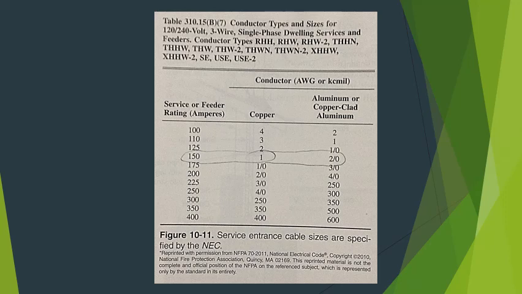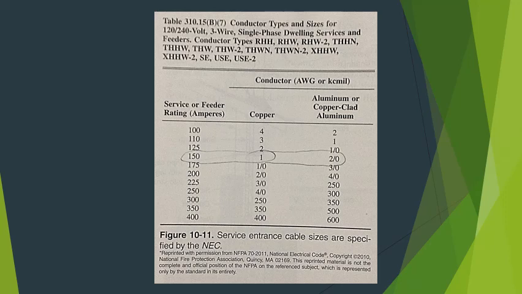Sizing service entrance conductors. In addition to proper types of service conductors, the right conductor size is essential. As mentioned earlier, Table 310.15(B)(16) of the NEC establishes the allowable ampacities of insulated conductors.